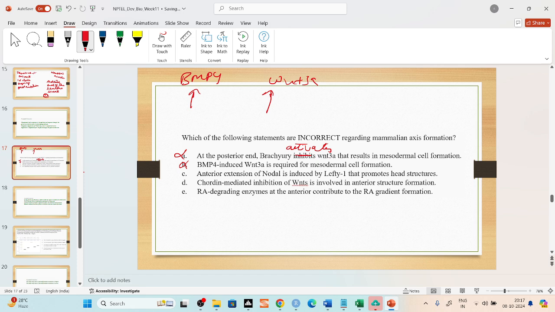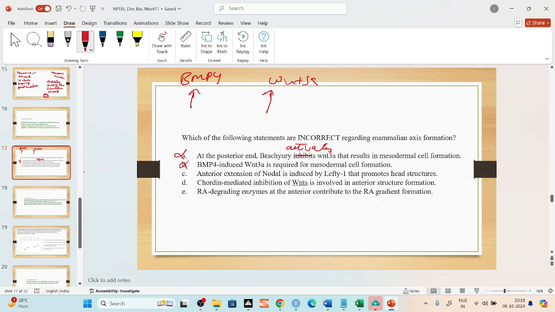Then, anterior extension of nodal is induced by lefty one that promotes your head structure. First of all, what is lefty one? It is basically a protein that inhibits nodal signaling. Now here I think the answer is there.